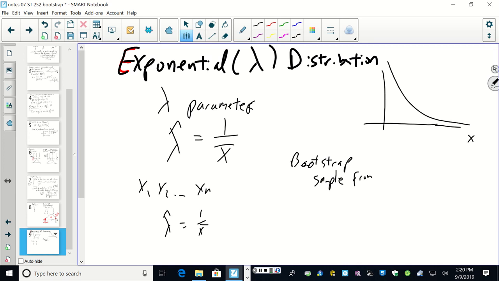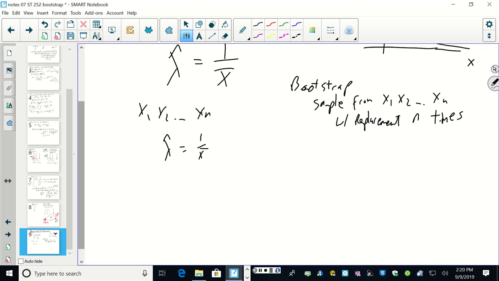This is repeating a little bit of what we had before. That will give us a bootstrap sample, x1 star, x2 star, up to xn star.